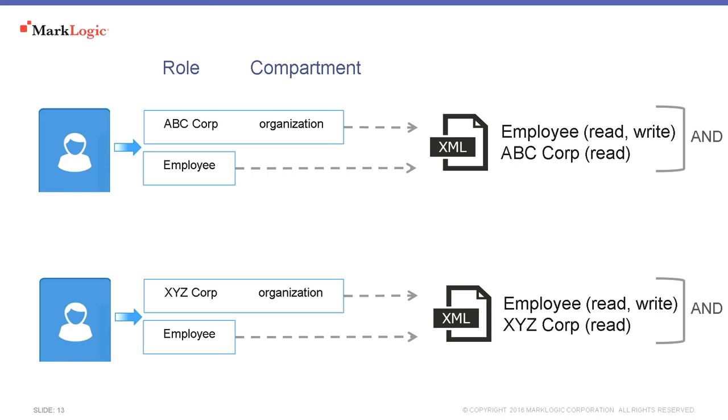So they belong to the same compartment, which is organization. What this means now, user of this organization who is an employee cannot read this document because a compartmented role, which is this, is ANDed with a non-compartmented role. And so you can build a very robust entitlement model.